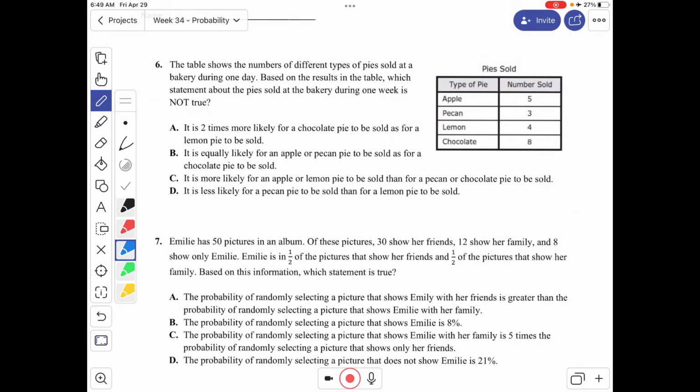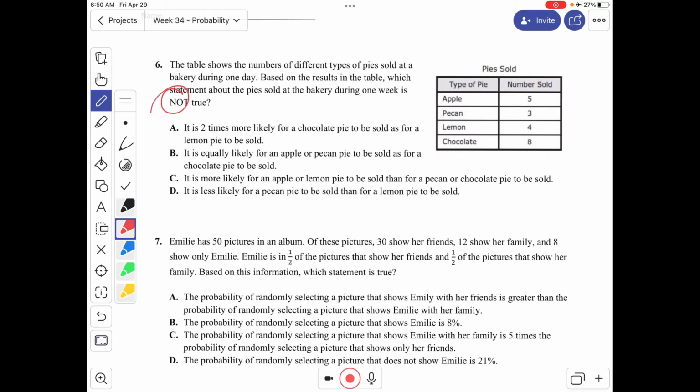Number 6, the table shows the number of different types of pies sold at a bakery during one day. Based on the results in the table, which statement about the pies sold at the bakery during 1 week is not true?